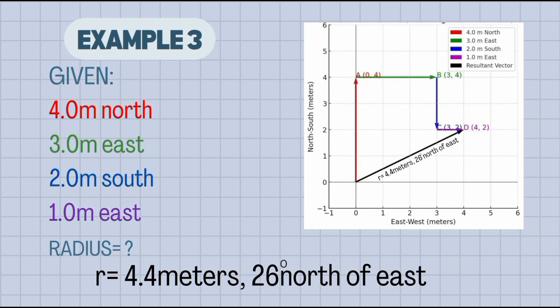So the tail of the 4 meters north and the head of the 1 meter east is calculated, and the calculation is 4.4 meters at 26 degrees north of east, which is the resultant.